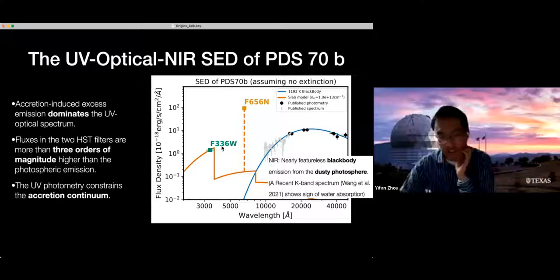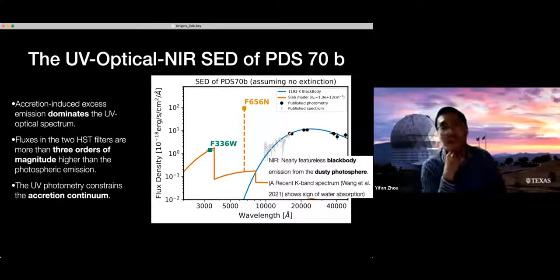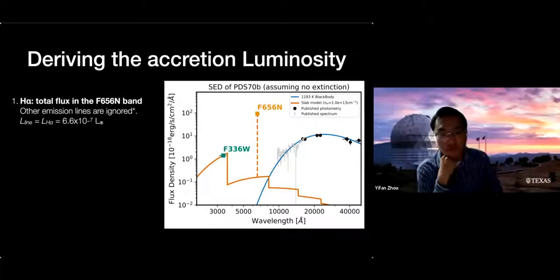We can use our newly measured U-band photometry, this green point, to constrain the strength of this continuum emission. So these two photometry points can help us derive the accretion luminosity of the planet.